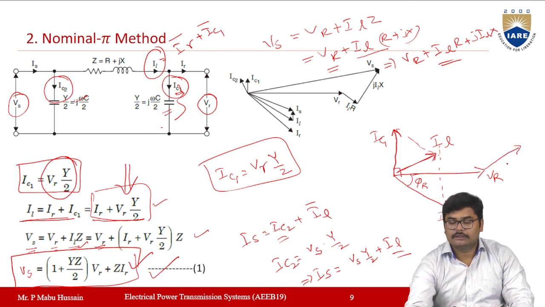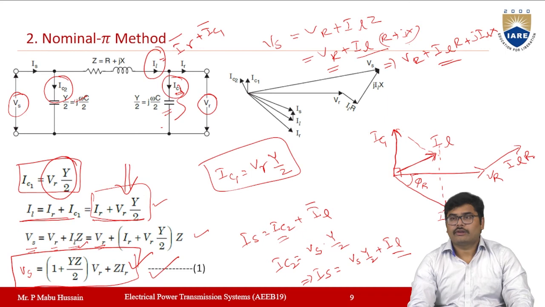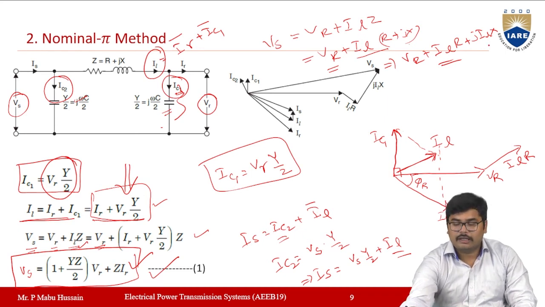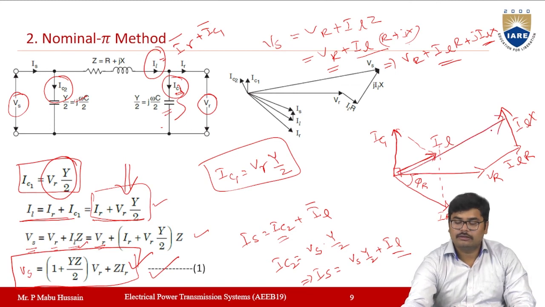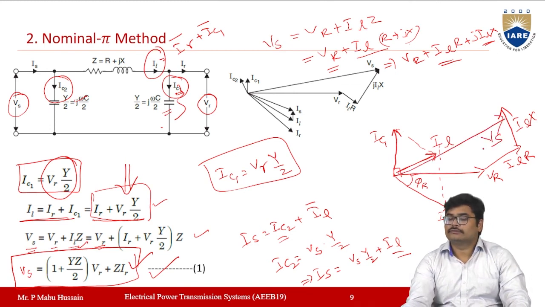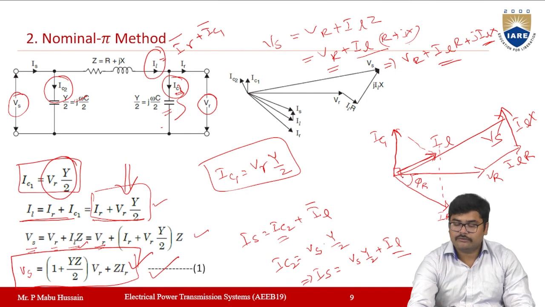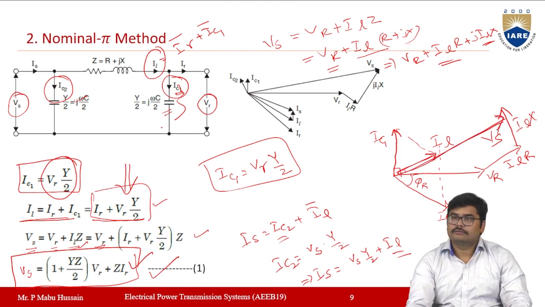And IL into X will be perpendicular to this. Now the sum of VR, IL into R and IL into X will be Vs. Okay, this is the vector Vs.